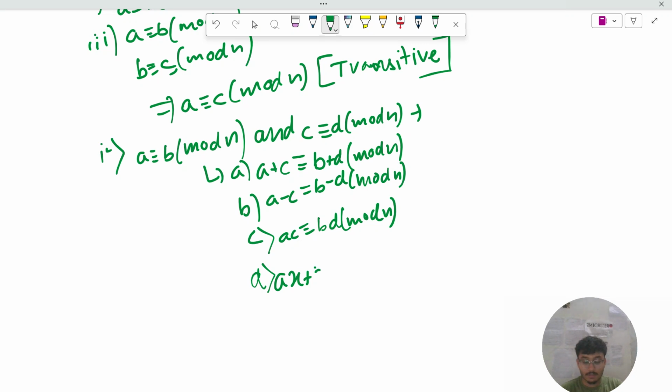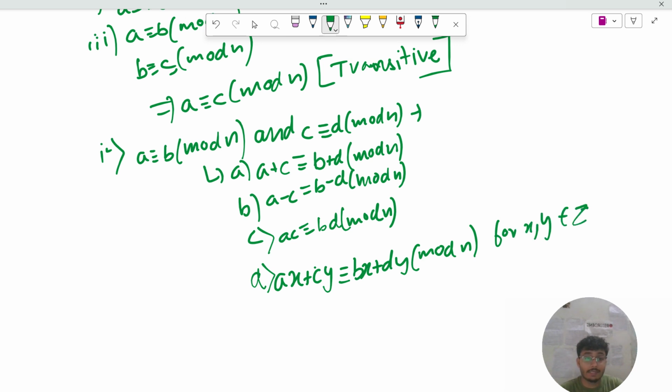AX plus CY is congruent to BX plus DY mod n, for X, Y belonging to integers.